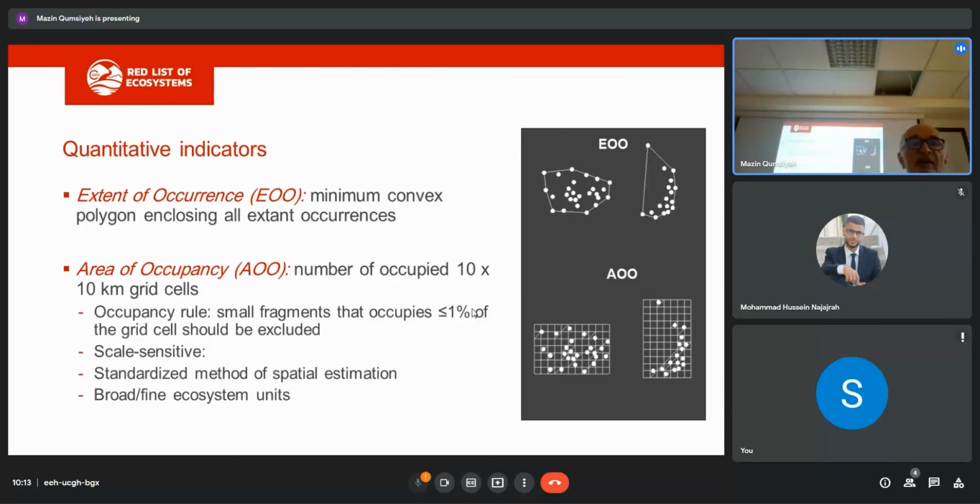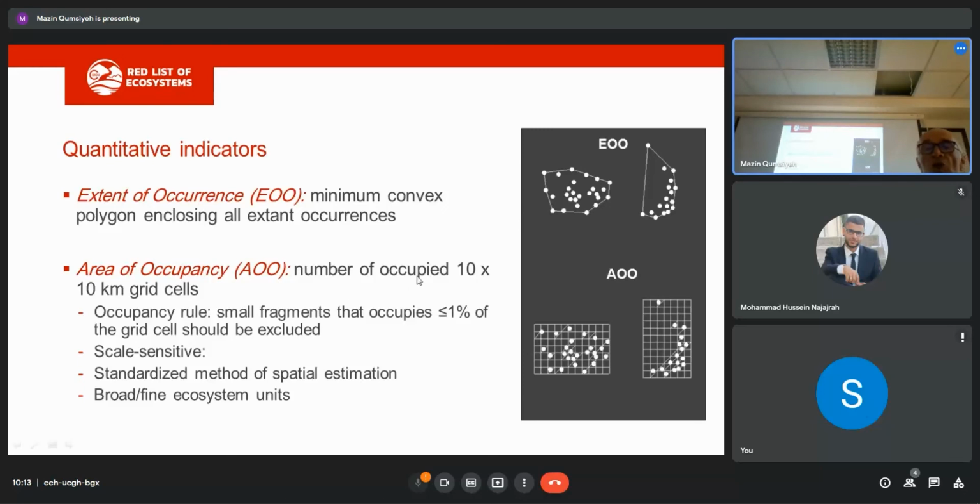We have quantitative indicators. They are exactly the same as I explained to you in detail yesterday for species. There is the extent of occurrence, EOO. It's a minimum convex polygon enclosing all occurrences. And there is area of occupancy, AOO.